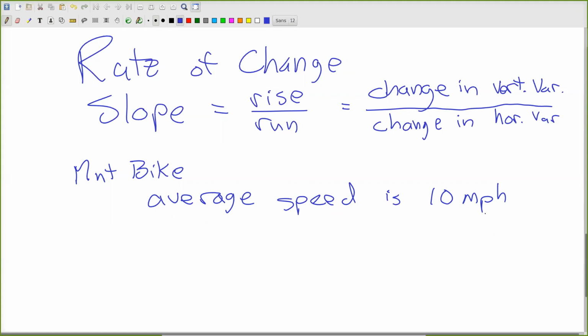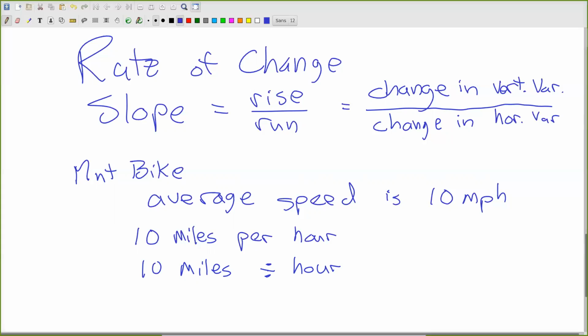Now, whenever we use the word per, that means divide. So if I write that out in words, miles per hour, the word per literally means divide. So I could also say this is 10 miles divided by an hour.